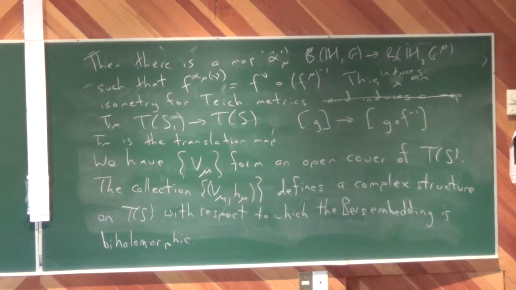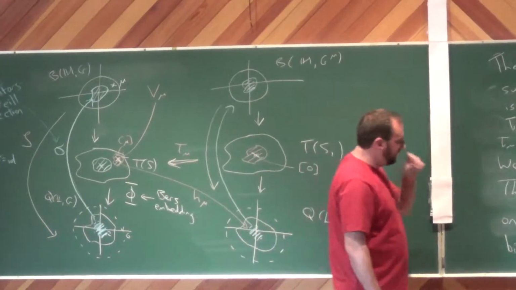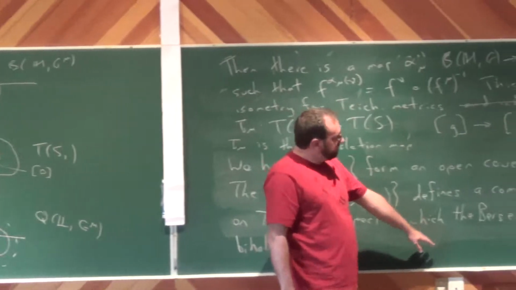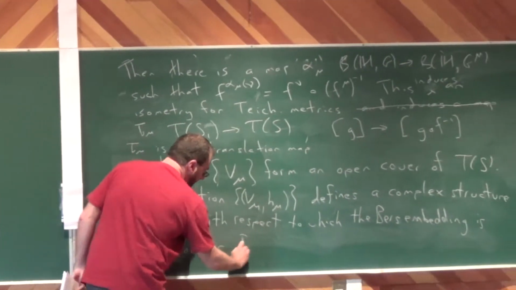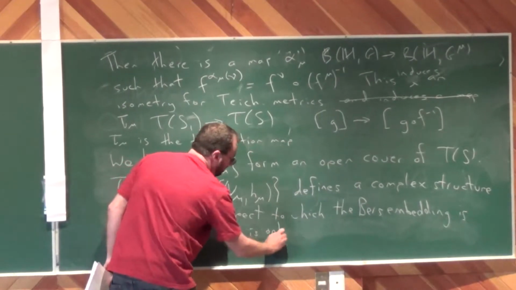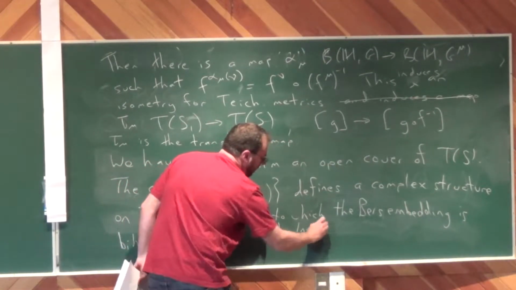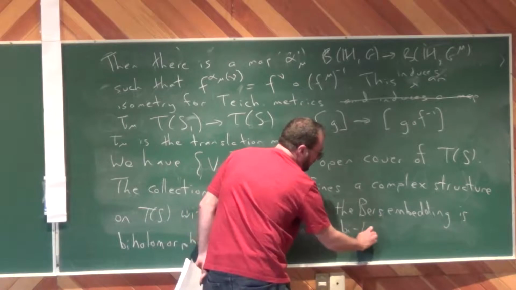All I'm doing is hopefully giving you an idea of how you can start with Teichmüller space and model it as a complex manifold on all these various Q spaces here, these Q of L G U's that you get. One other thing I'll just say about the Bers embedding is that we get that it's biholomorphic, but it's only locally bi-Lipschitz.